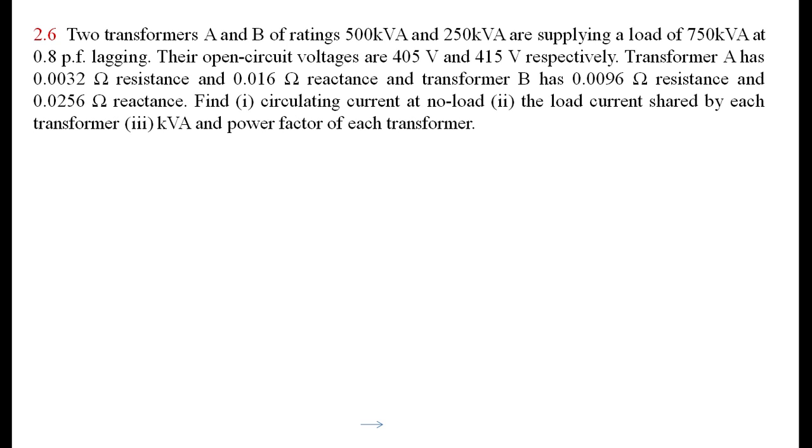He asks you to calculate the circulating current at no load, the load current shared by each transformer, IA and IB, the kVA shared by transformers A and B, and at what power factor these two transformers are operating. These are the questions asked. The simple thing is to go by what he asked.